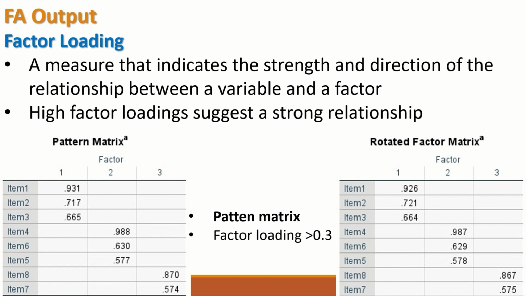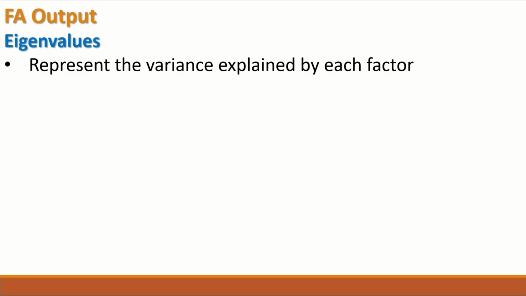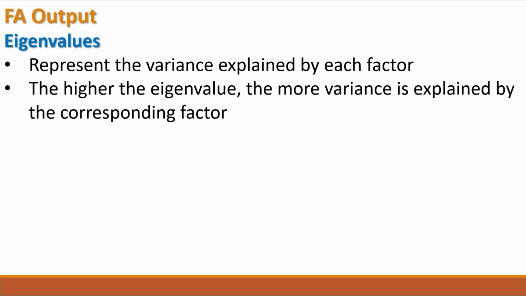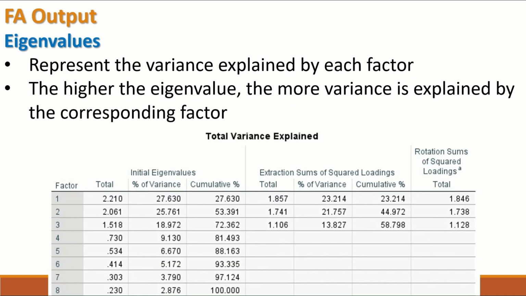Any value less than 0.3, then omit or delete that item from the analysis. Another value that is essential when performing the FA analysis is the eigenvalues. These values represent the variance explained by each factor. The higher the eigenvalue, the more variance is explained by the corresponding factor.